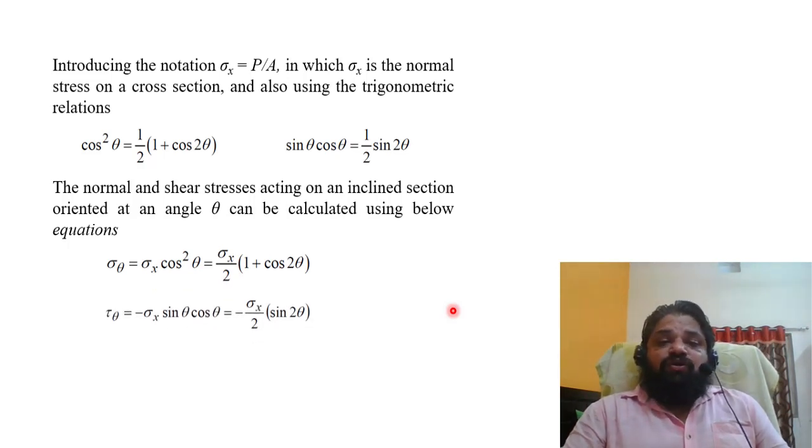If the load is only uniaxial type, then instead of sigma x we have sigma x cos square theta, or P by A cos square theta.